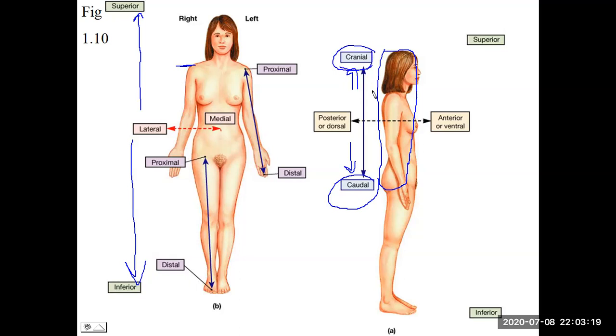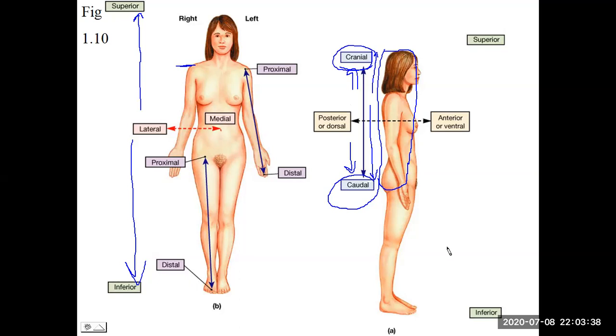Cranial, of course, meaning towards the head at a higher level. And in this case, towards the position of our tailbone. That's the term caudal. And superior and inferior could be used throughout the entire body.